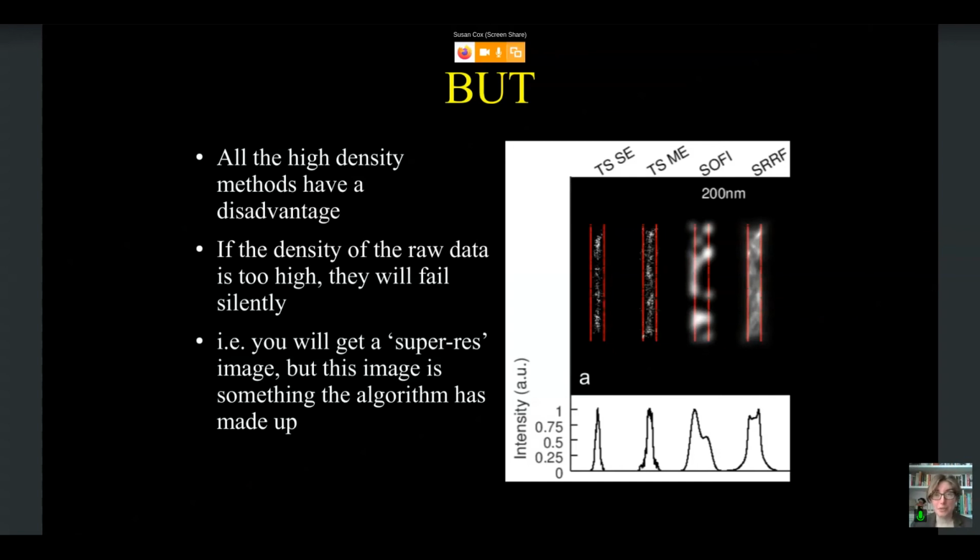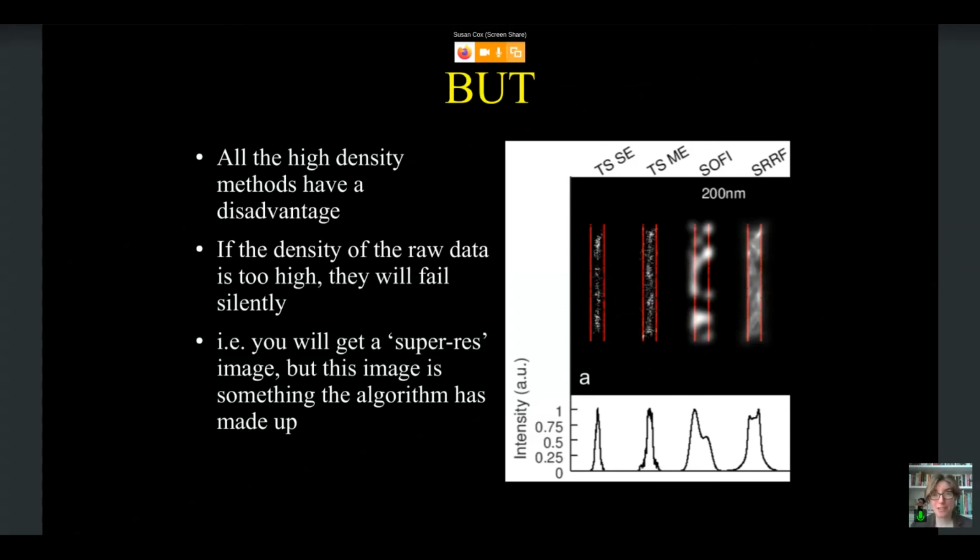And I show here an example where I have fitting of a high density data set where I have two lines that are separated by 200 nanometers. You'll note 200 nanometers is actually basically at the resolution limit. So we should definitely be able to see this if we're getting any degree of super resolution.